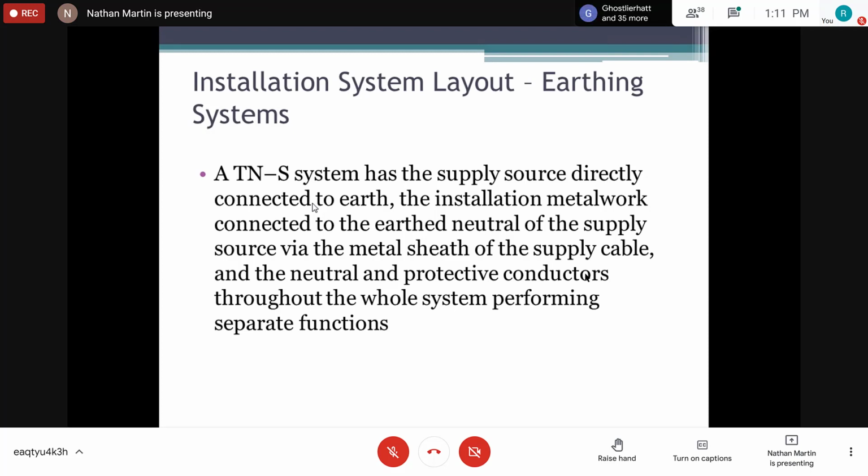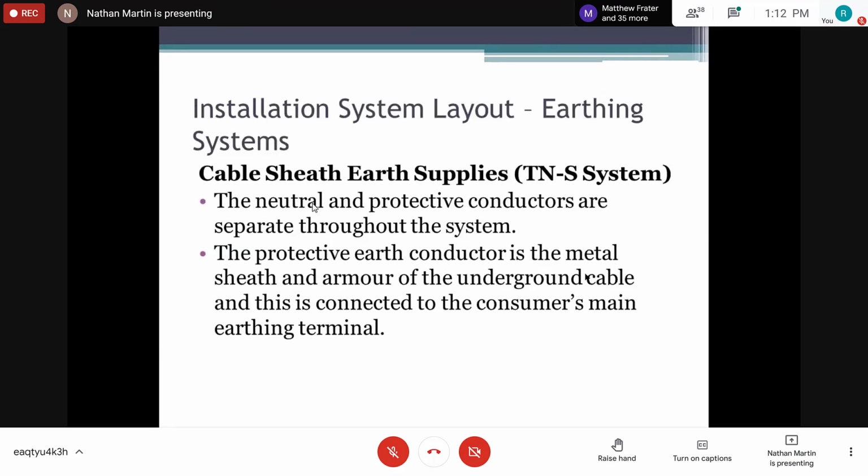So for this type of installation, the supply cable might be an SWA cable, and we are saying that the source and the neutral are connected via that metal sheath, right? And the neutral and protective conductors throughout the whole system perform separate functions, right? So they are not tied in at any point.